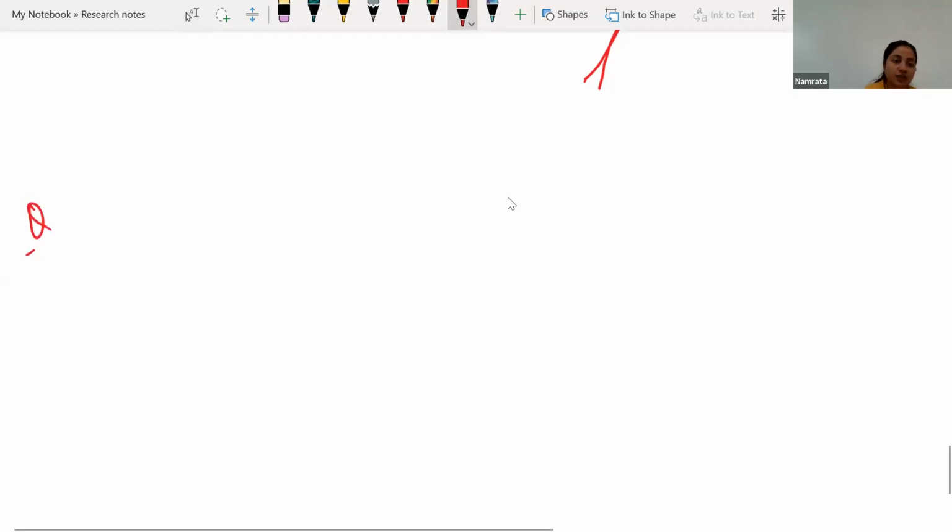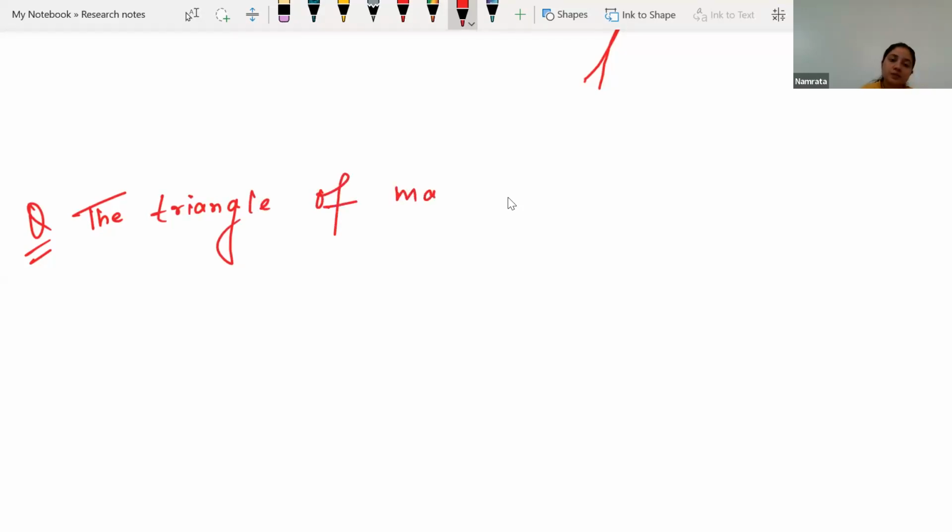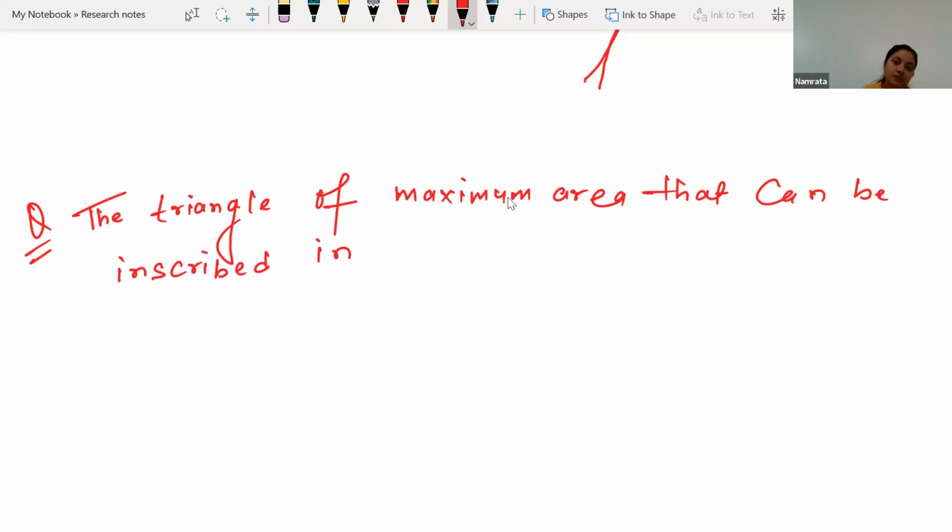The next question we have is: the triangle of maximum area that can be inscribed in a given circle of radius r is.